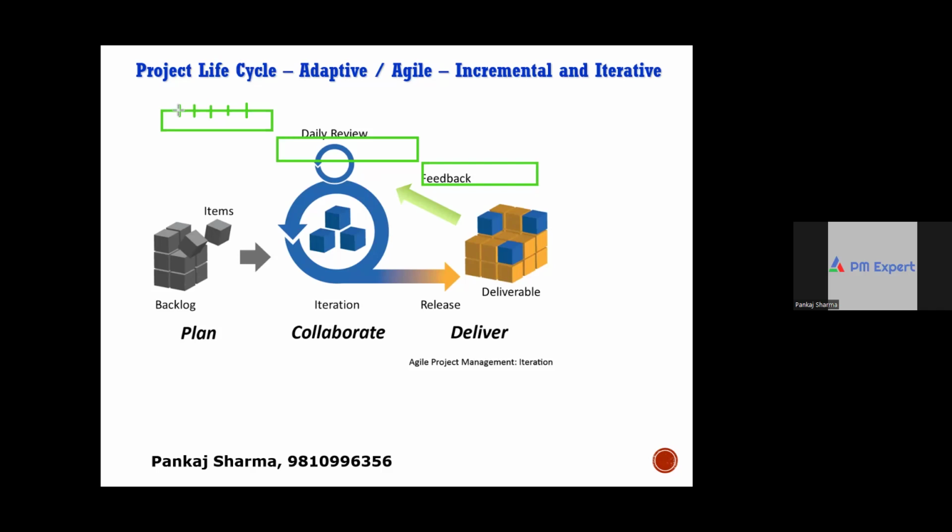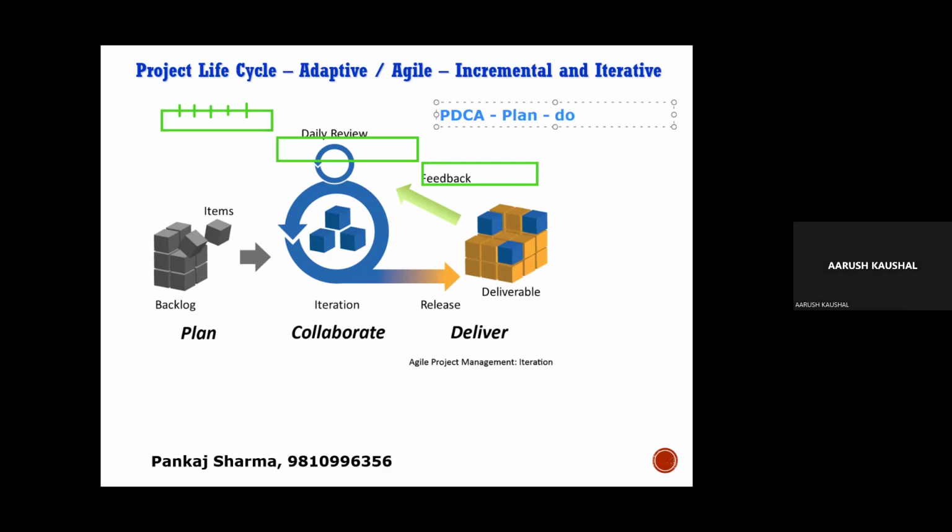Now, if you want to understand at a high level how these approaches are different, if you look very minutely, each of these methodologies or life cycle approaches is based on the famous PDCA cycle. Have you heard about the PDCA cycle? Plan, do, check, and act or adjust.